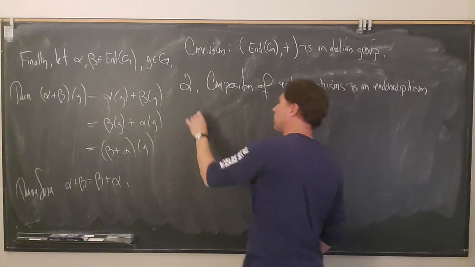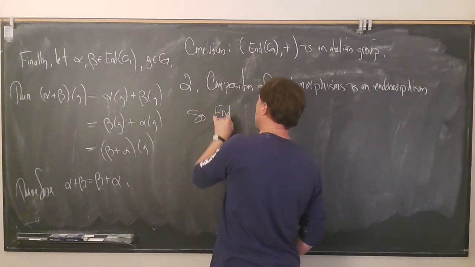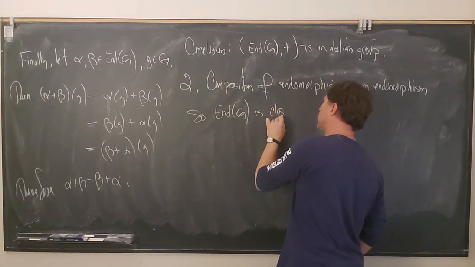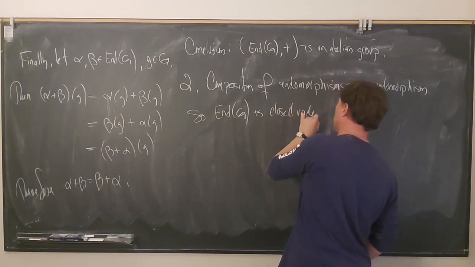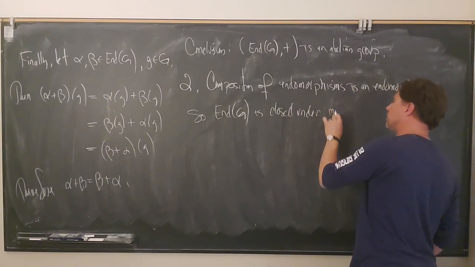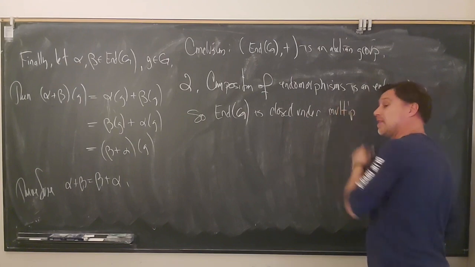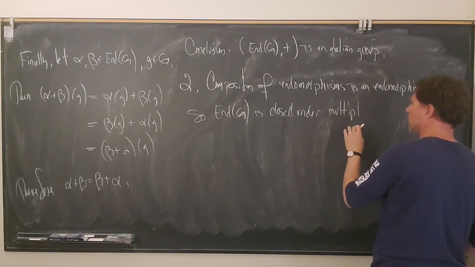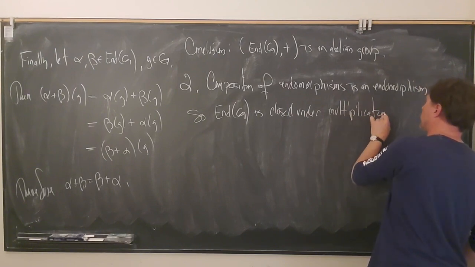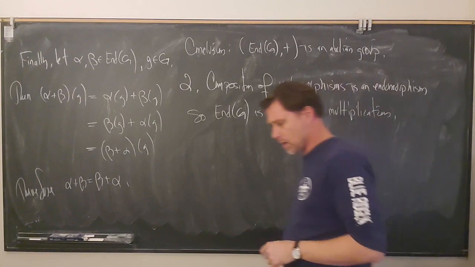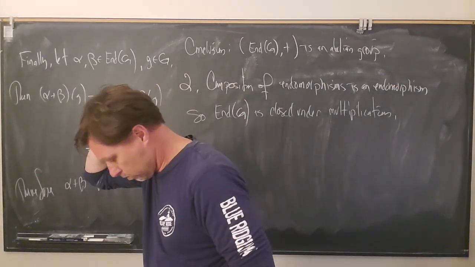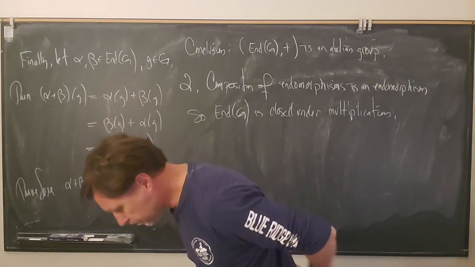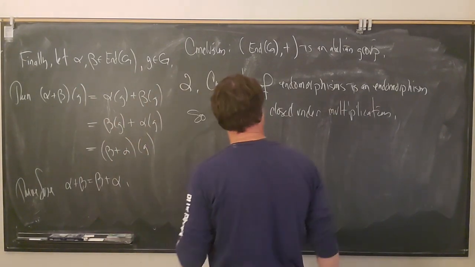so our set End G is closed under multiplication. Remember, multiplication in this setting has been declared to be composition of functions. Oh, right, I've got to say one more thing.